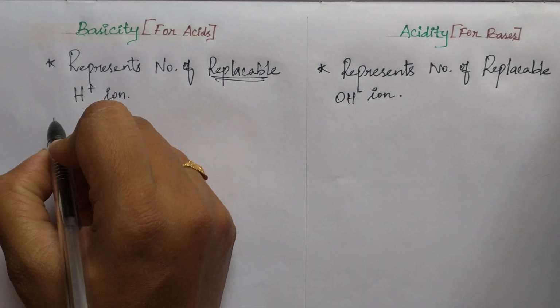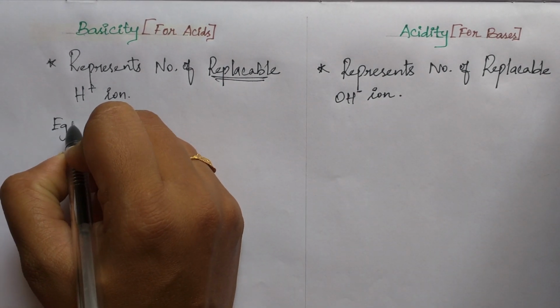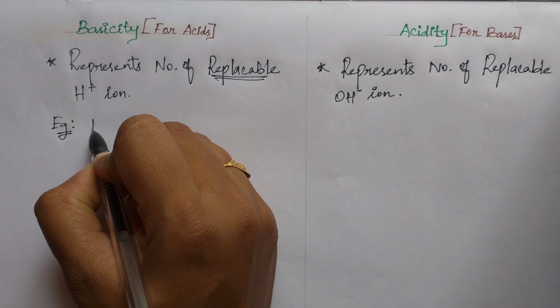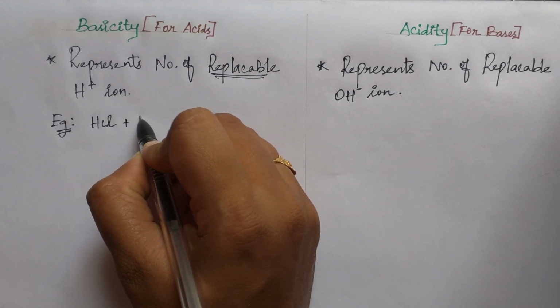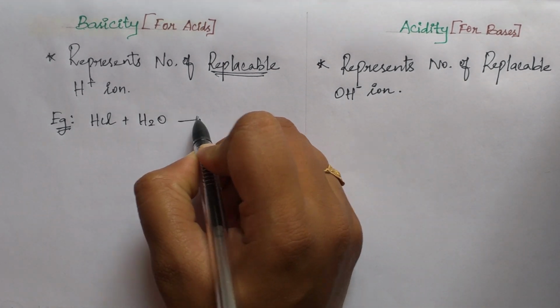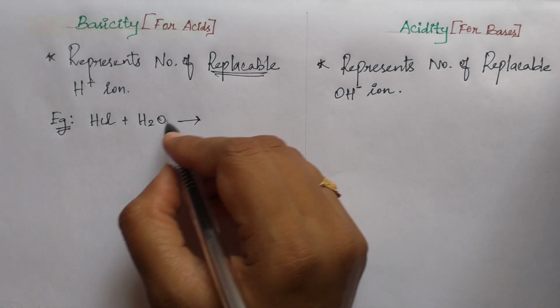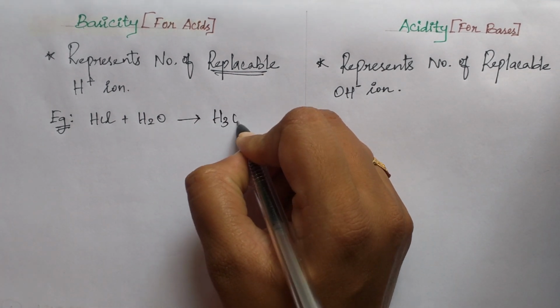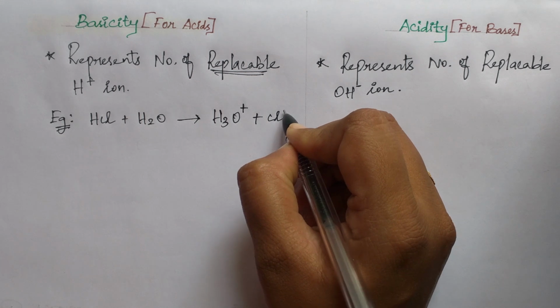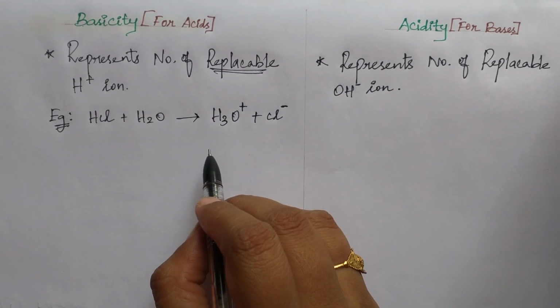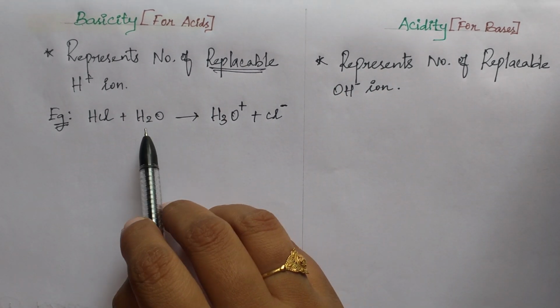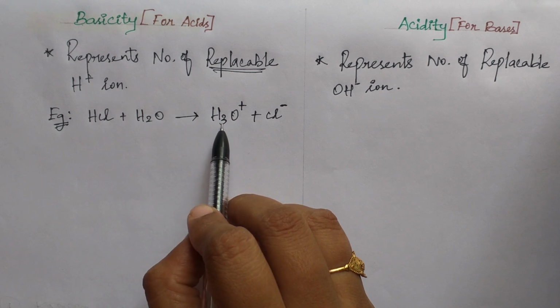See here, for example, if I take HCl, when it is dissolved in water, the HCl exists with water as H3O plus and Cl minus ions. H plus alone will not exist; it exists with water as the hydronium ion.